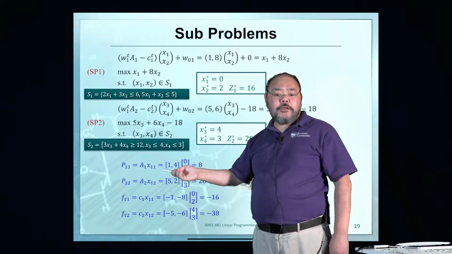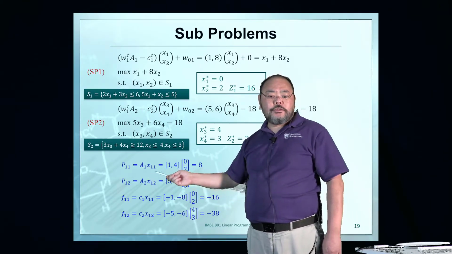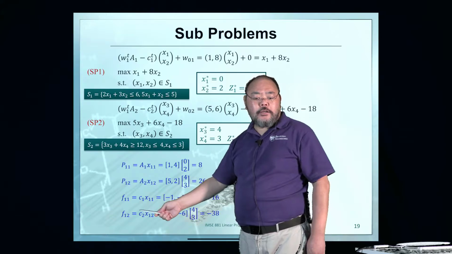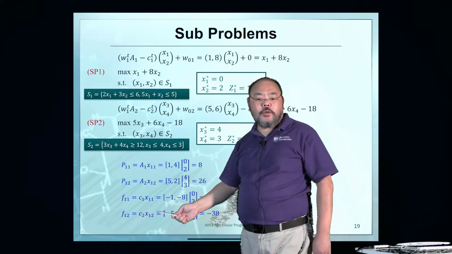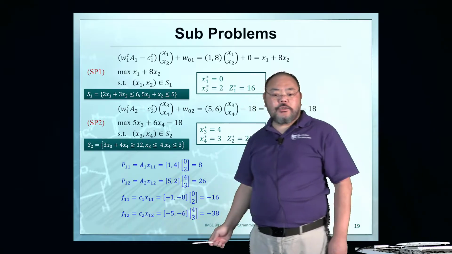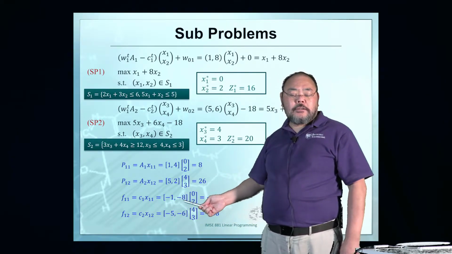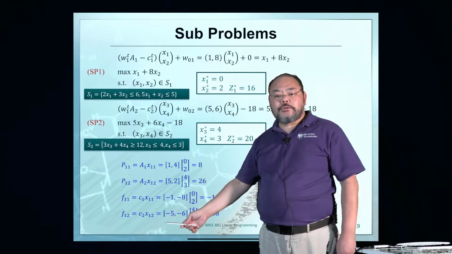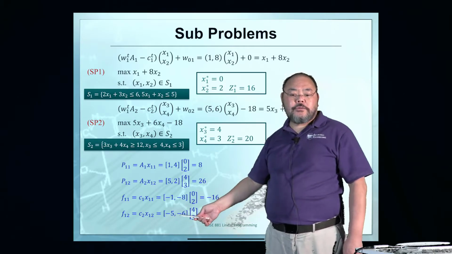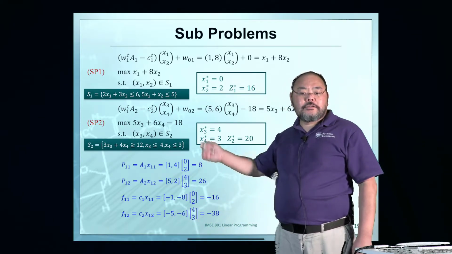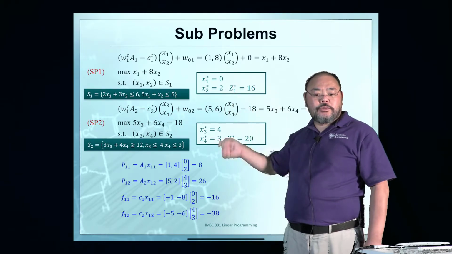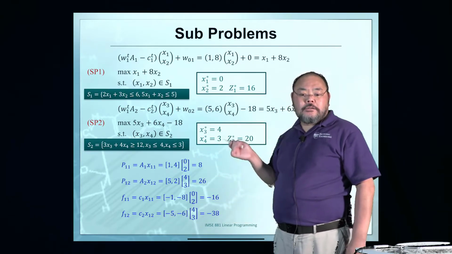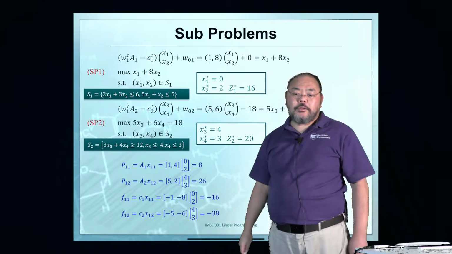So I can recalculate P11, P12 using this formulation accordingly. And we can recalculate F11 and F12 by C1 times X11, C2 times X12. C1 is the cost coefficient corresponding to X1 and X2, and C2 is the cost coefficient corresponding to X3 and X4. X11 is the 0, 2 we get from subproblem 1, and 4, 3 is the optimal solution I get from subproblem 2.